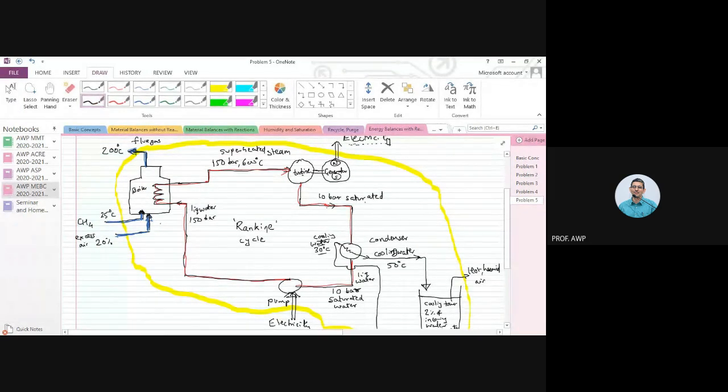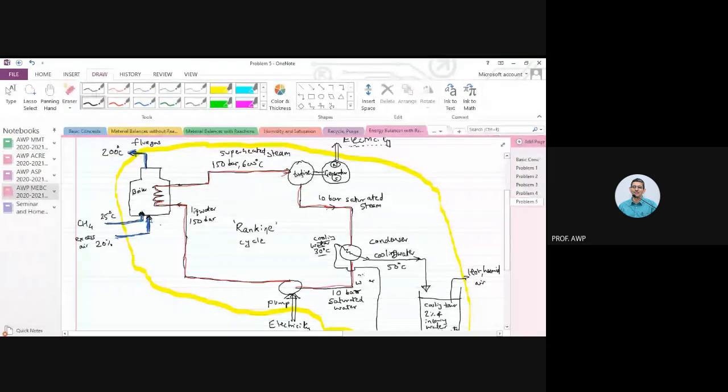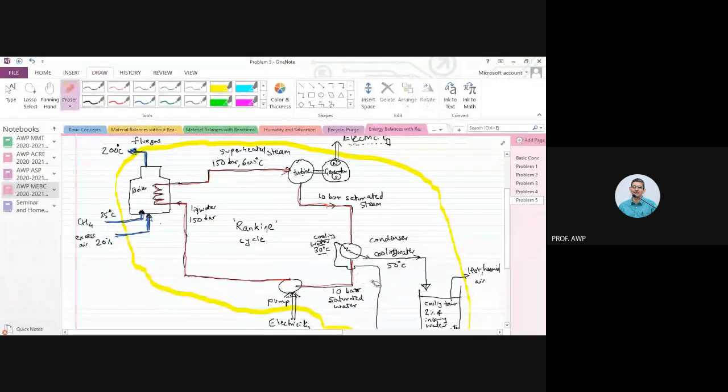I need all that for doing enthalpy balance calculations, right? I need 10 bar saturated water, 150 bar and saturated temperature at 10 bar. Correspondingly, that much enthalpy is what comes into this boiler, right? So I need enthalpy value.